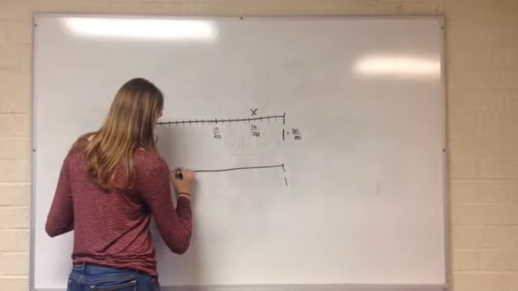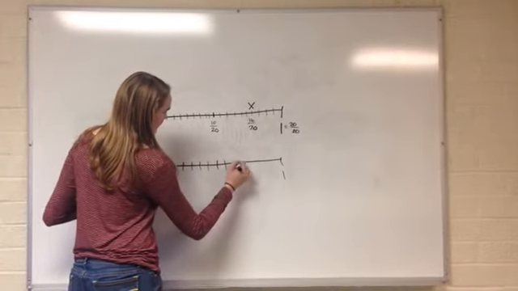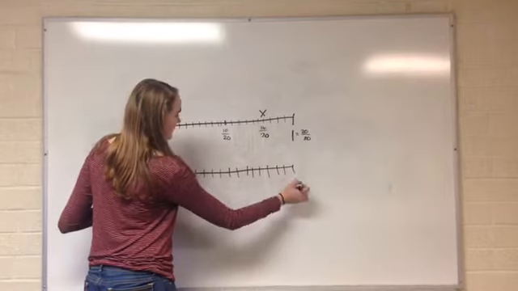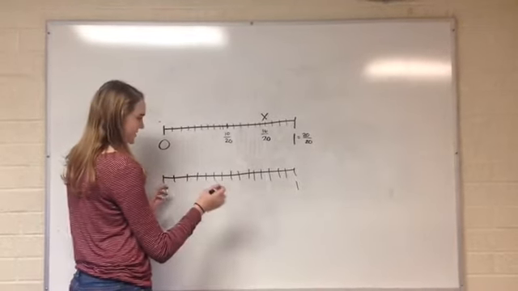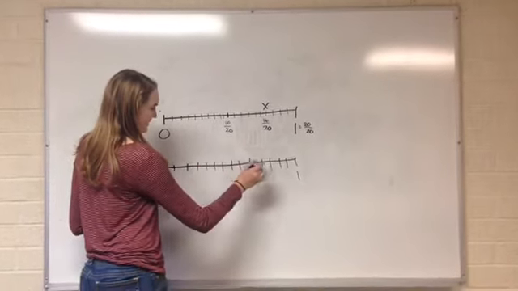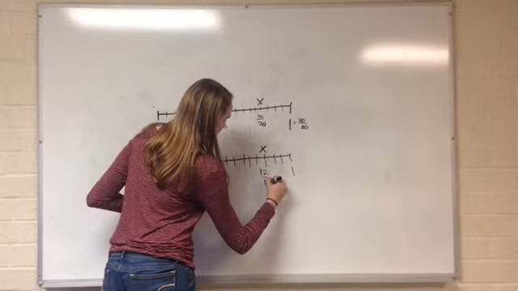So it'll be 1, 2, 3, 4, 5, 6, 7, 8, 9, 10, 11, 12, 13, 14, and then this is 15. So we're going to mark 12 15ths on the number line. So 1, 2, 3, 4, 5, 6, 7, 8, 9, 10, 11, 12. So this is 12 15ths.